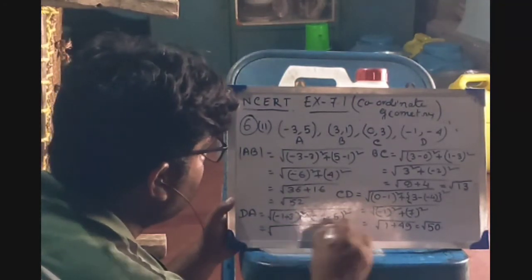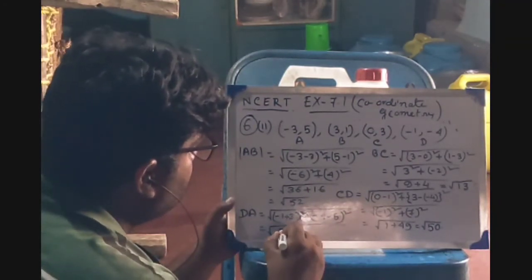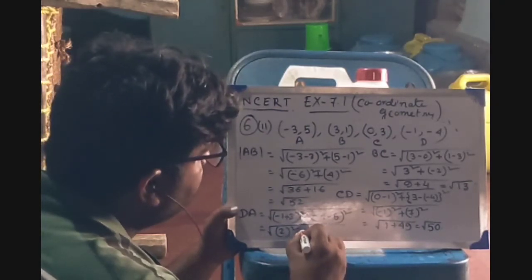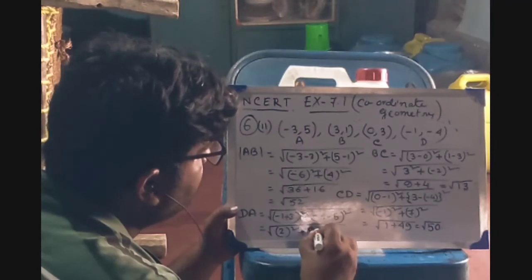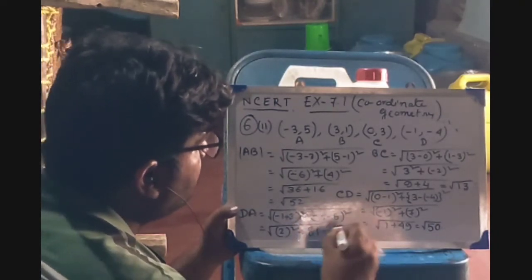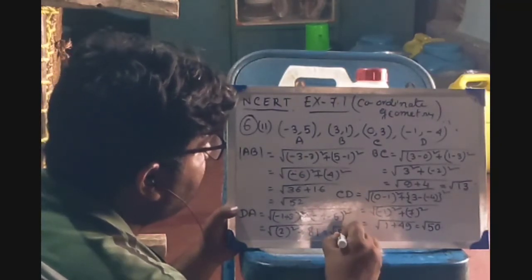So that's equal to root under of (-4) whole square plus (-9) whole square, which is root under of 16 plus 81, root under of 97.